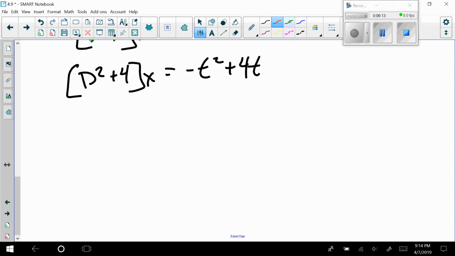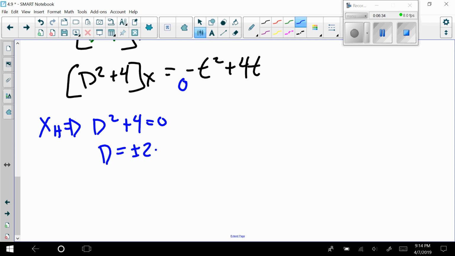So there's a 0 here, which means the x homogeneous solutions are this d squared plus 4 equals 0. Well, of course, we know that d would equal plus or minus 2i. Again, we've seen this stuff many times. This would be alpha equals 0, beta equals 2.